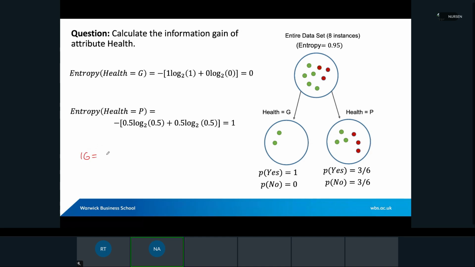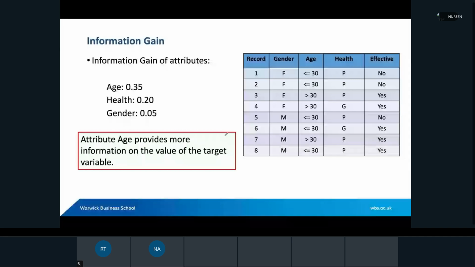For the entire data set, it is 0.95 minus... Check all of them.